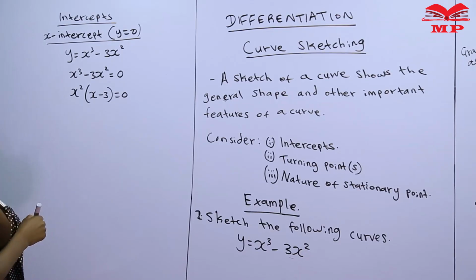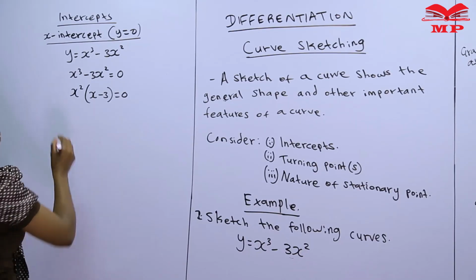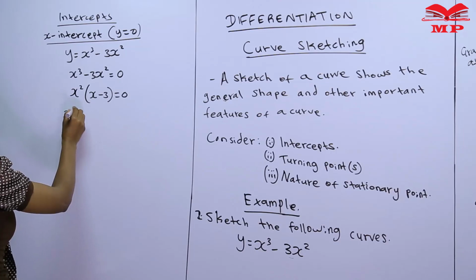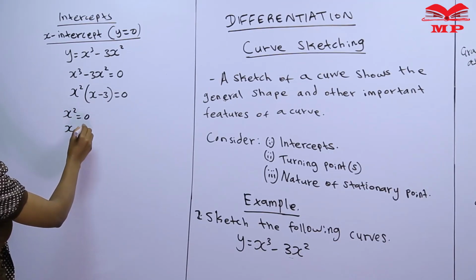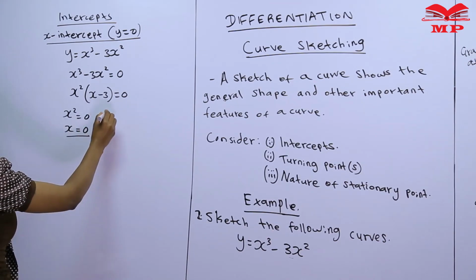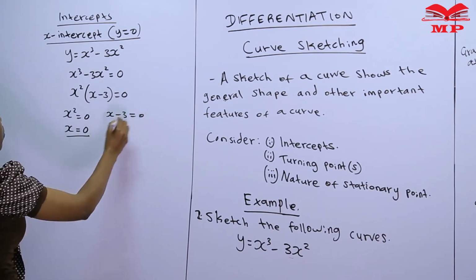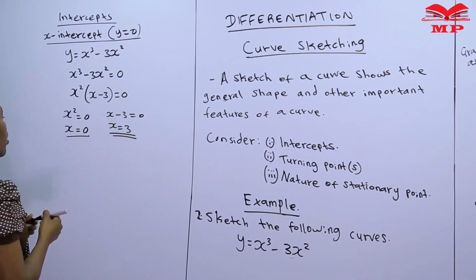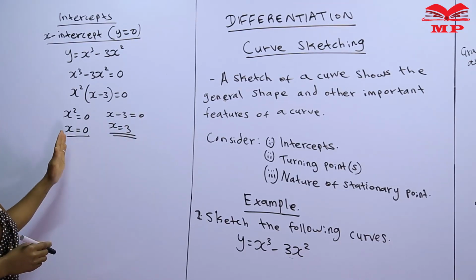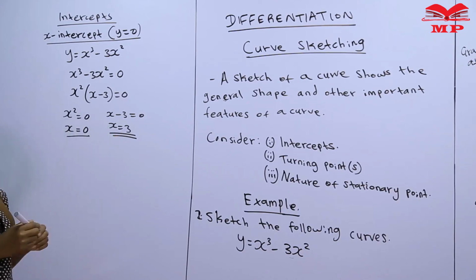Therefore x squared is equal to 0, so x is 0, and x minus 3 is 0, so x is 3. So we have two values, x equal to 0 and x equal to 3.